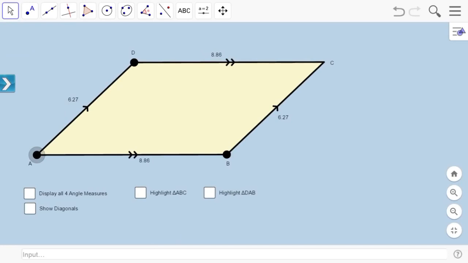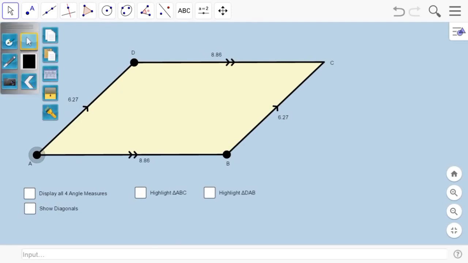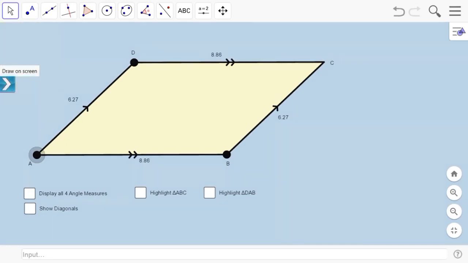What is the length of AB here? 8.86 and DC is 8.86. So they are equal. AB is equal to CD. Look at one more pair of opposite sides, that is AD and BC. They are also equal. So AD is equal to BC.